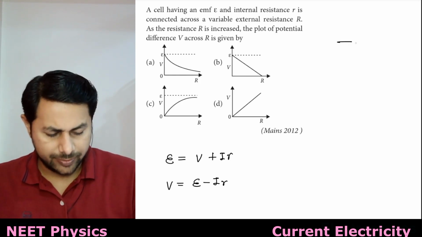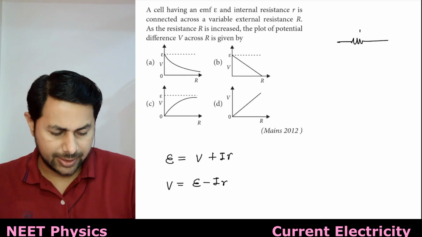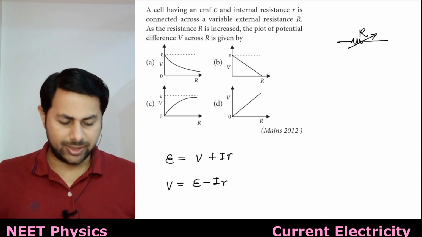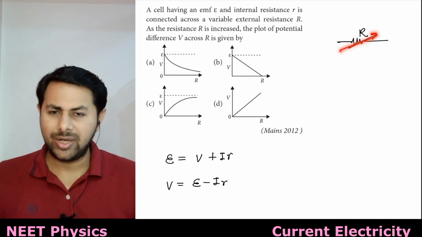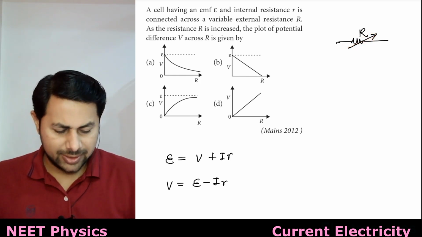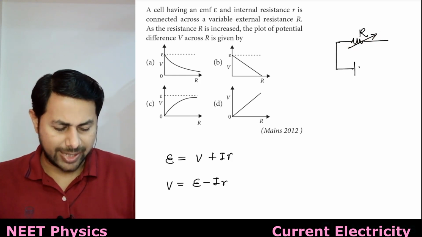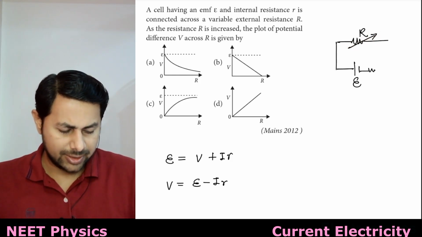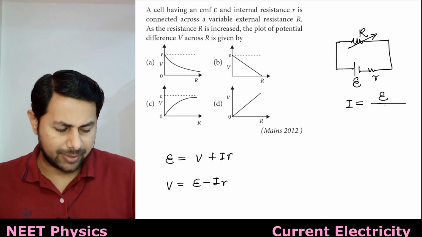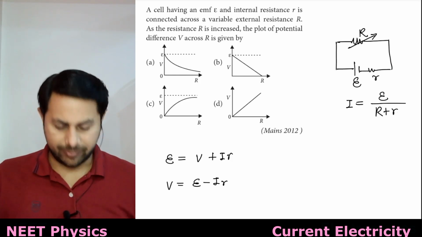Suppose this is the external resistance and it is variable. You can change it. This is the symbol for variable resistance. You are increasing it. This is your battery and this is, suppose, the internal resistance. So how much would be the current? I is equal to E divided by R plus small r.